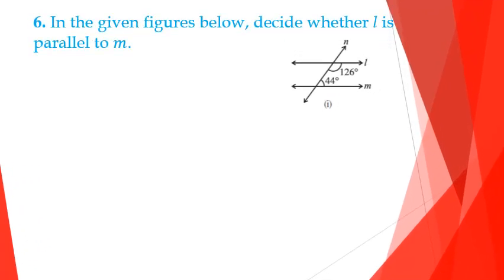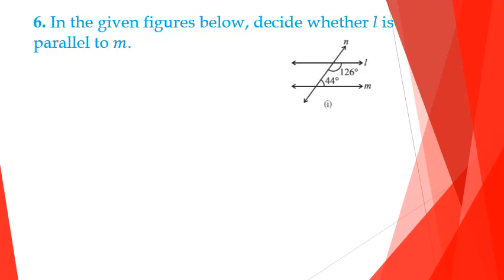Our next question, question number 6. In the given figure, decide whether L is parallel to M or not with a reason. So we have to check whether L is parallel to M or not.